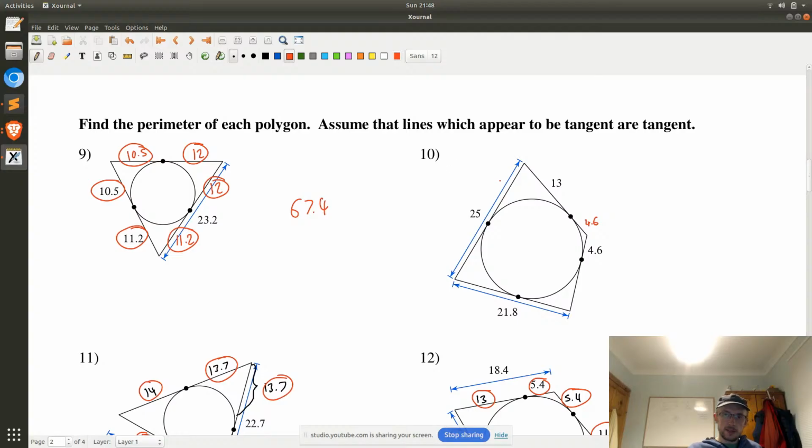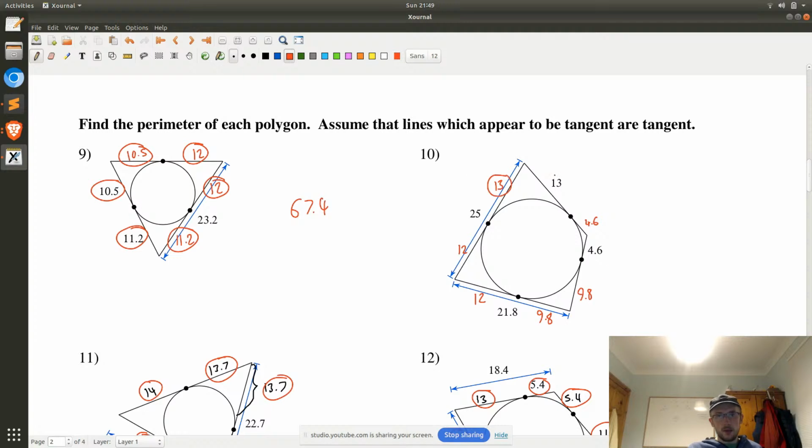Oh yes, that there is 13. And therefore that there is 12. And that there must be 12. And then 21.8 minus 12 is 9.8. And that there is 9.8.